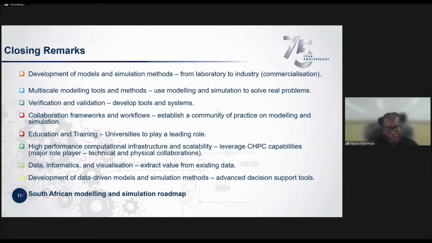Several other countries, particularly in Europe and the US, have already developed their modeling and simulation roadmaps, and I think some are even over 6-7 years old. So they've been running the programs for quite some time now.